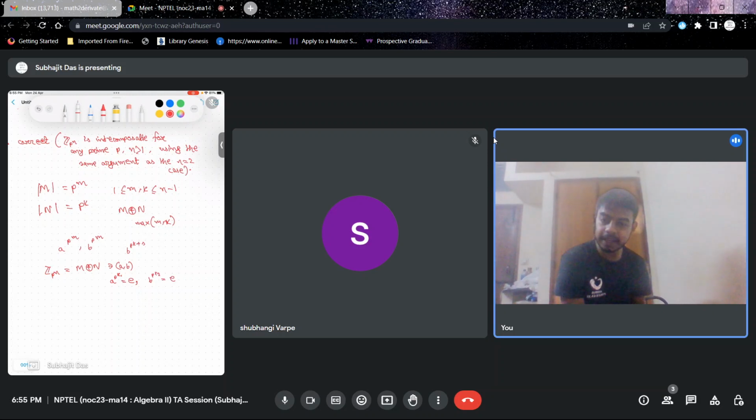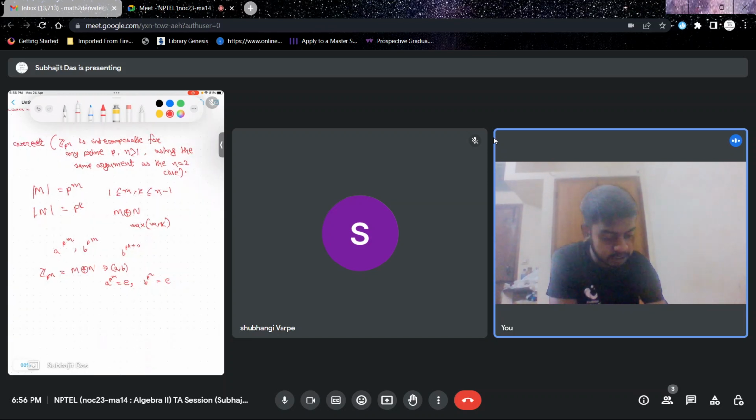So can we put an upper bound on the order of a comma b? So certainly a to the power p to the power m is identity, because the order of capital M is p to the power m, and b to the power p to the power k is again identity. So can we say something about the order of a comma b?